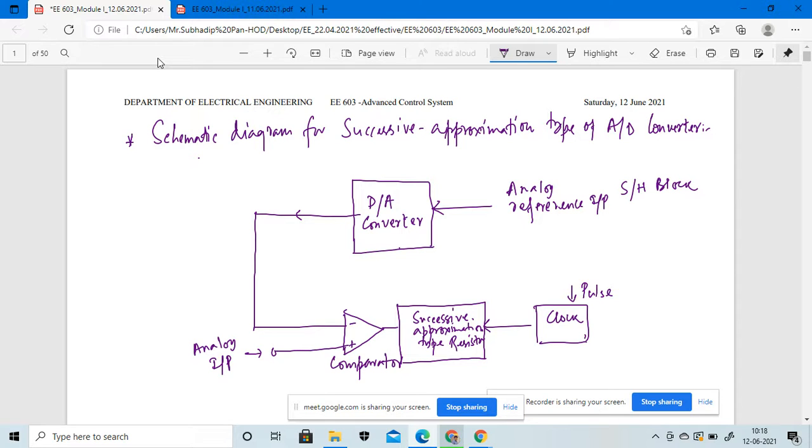Okay, so then we have to connect this thing. We have three combinational inputs to connect, and we have enlarged this portion so that we will be able to see.